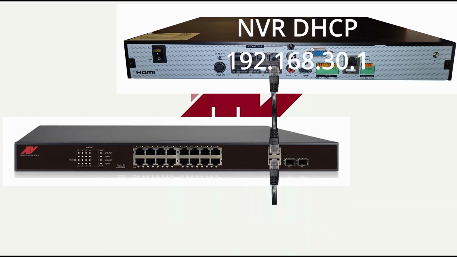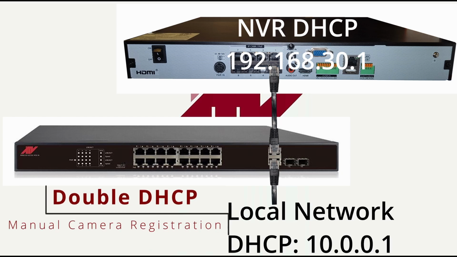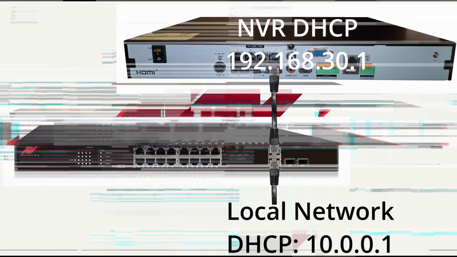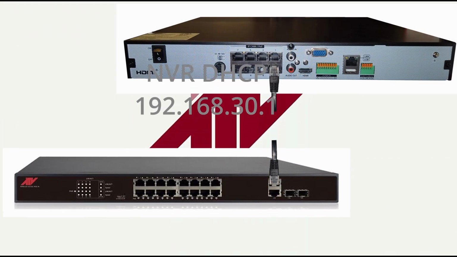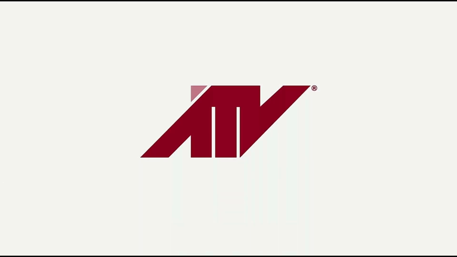For this reason, do not connect a local network to the PoE side of the recorder. Whether indirectly by connecting a local network router to the PoE switch, or directly by connecting the router to a PoE port on the recorder. You are likely to experience glitches on the network for not only ATV devices, but any device using DHCP.